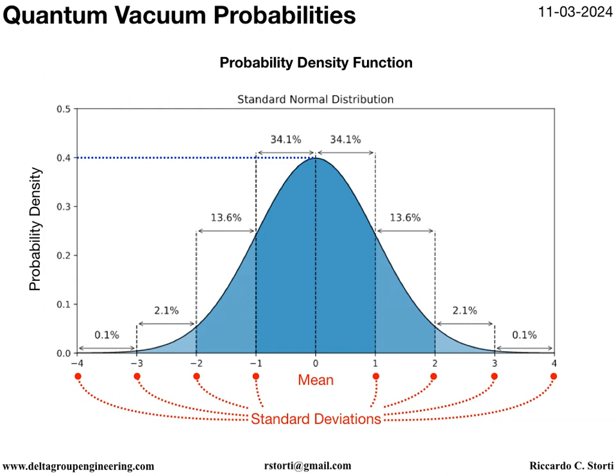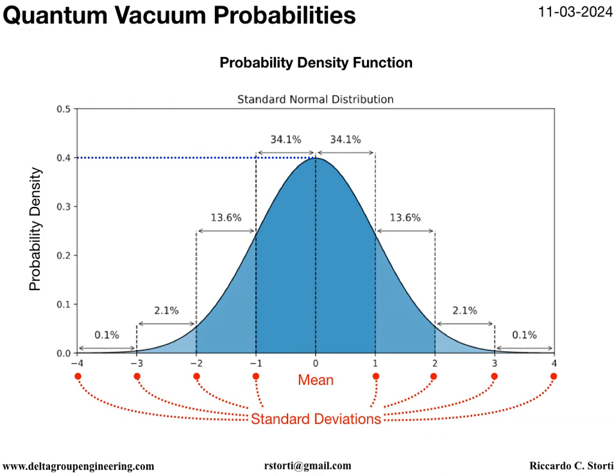Of course, it should be understood that the total area underneath the curve when the number of standard deviations tends to infinity adds up to 100% probability. In other words, the probability of our random sample being described somewhere underneath the curve is 100%. Anyway, that's all well and good, but how can we use this as a template for quantum vacuum probabilities?